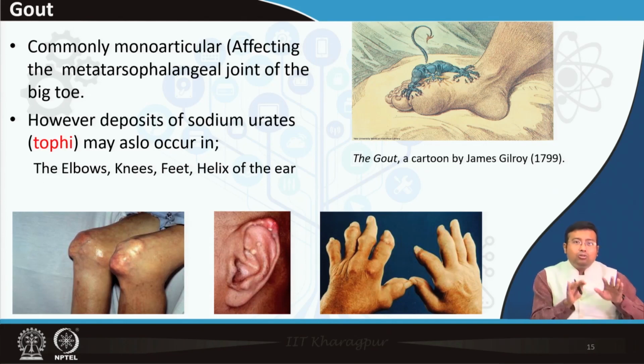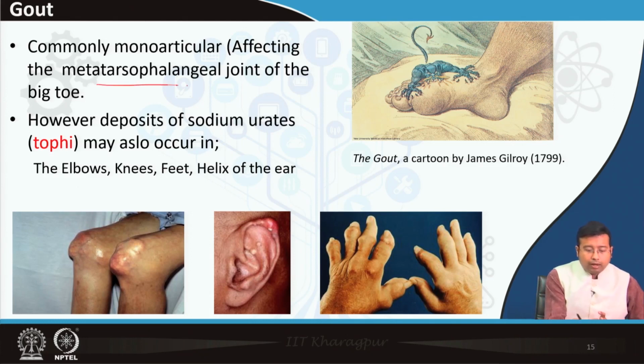Whereas, to start with, gout almost always presents with involvement of a single joint, and due to gravity, uric acid crystals tend to get deposited in the lower part of the body. And what is the most important joint in the lower limb? That is the great toe.